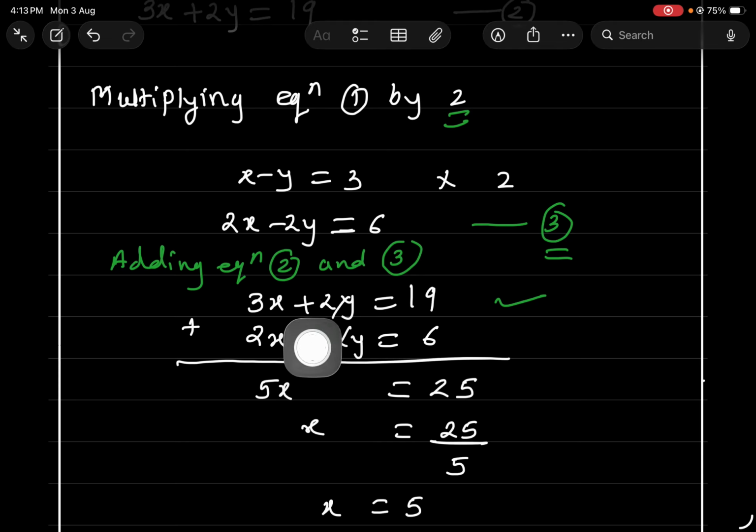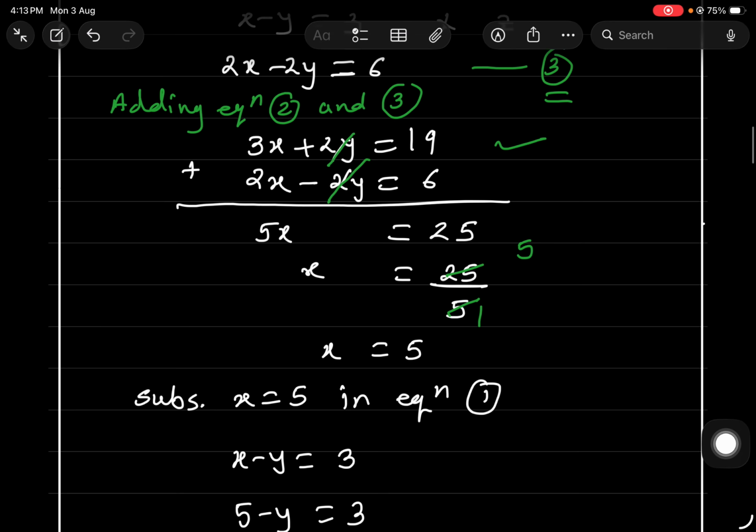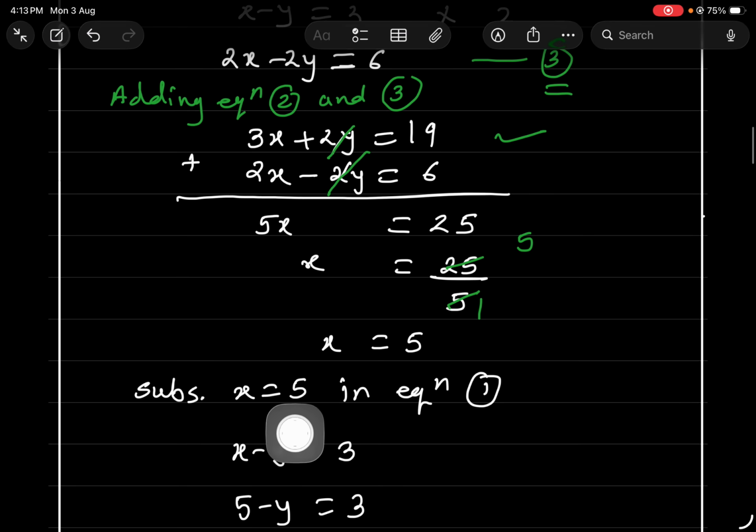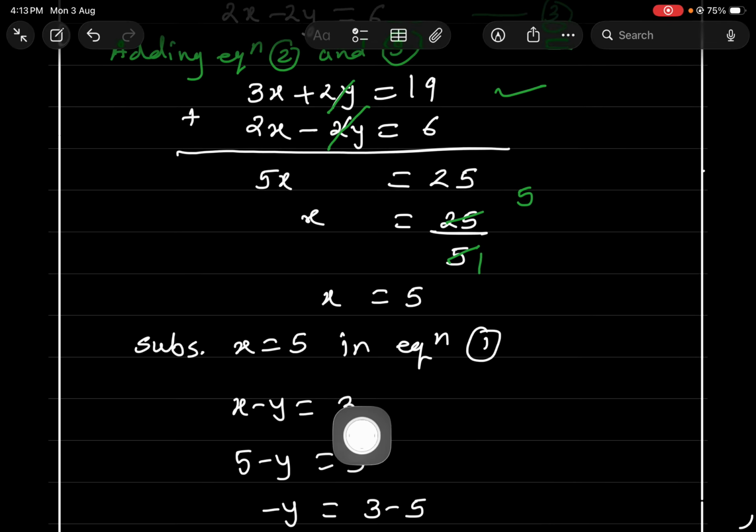Very simple here, plus 2y and minus 2y are opposite terms, so they easily eliminate. Remaining, we add 3x plus 2x equal to 5x, and 19 plus 6 is 25. So 5x equal to 25, and 5 fives are 25, so x equal to 5. Now substitute x equal to 5 in equation 1, x minus y equal to 3.